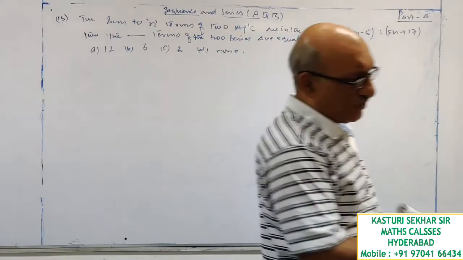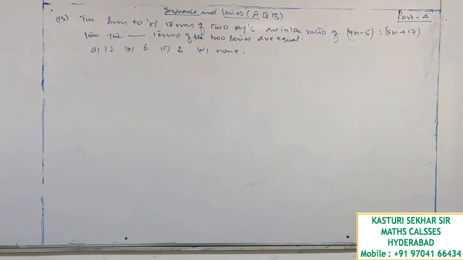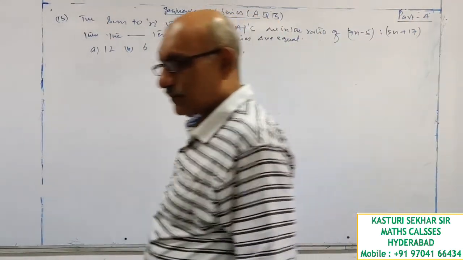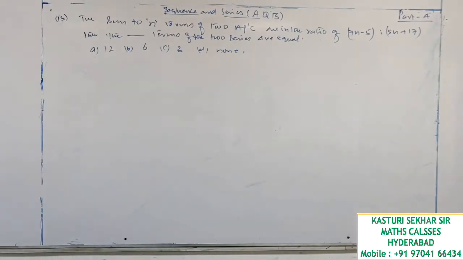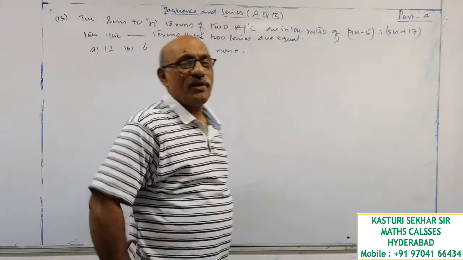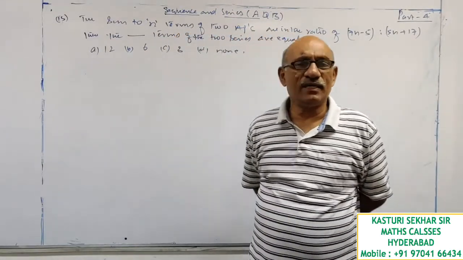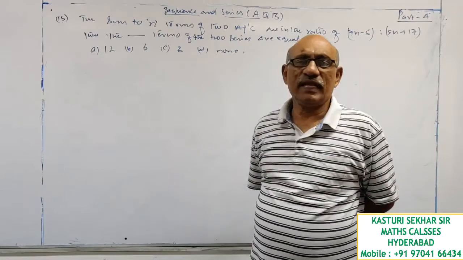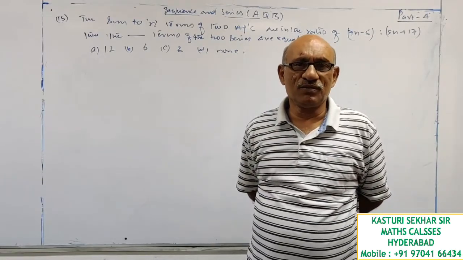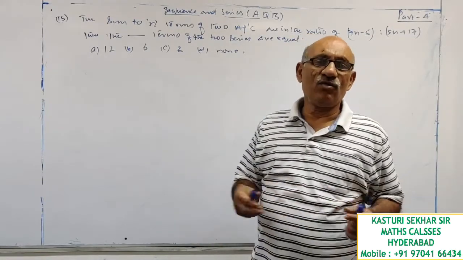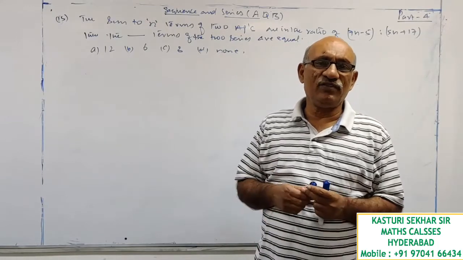This is my question, sir. What is given in the question? There are two arithmetic progression series. For them, calculate the sum. After that, take the ratio of these two sums. Then we have to verify which terms of the two series are equal.